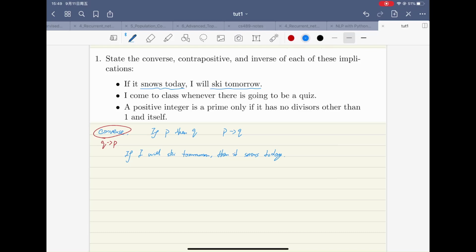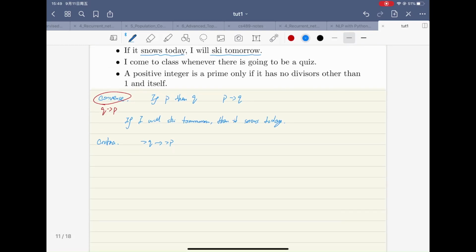And then the contrapositive. If the statement is P implies Q, the contrapositive should be not Q implies not P. So what's the contrapositive? It must be if I won't ski tomorrow, then it doesn't snow today, right?